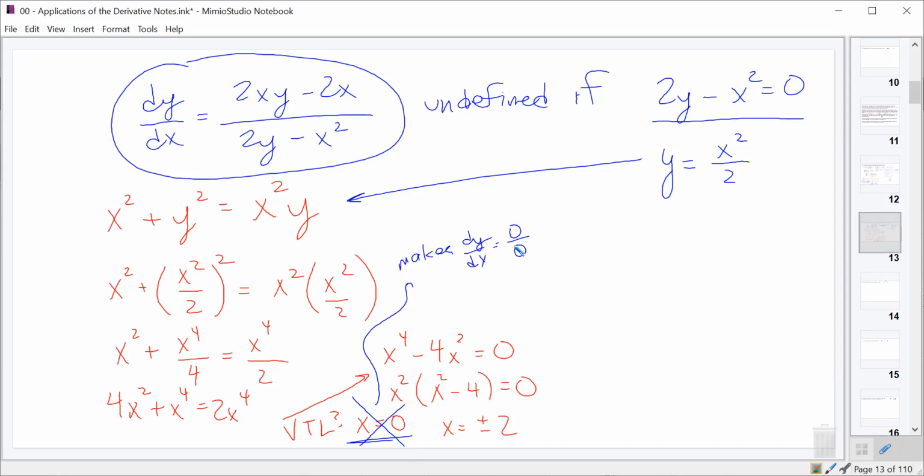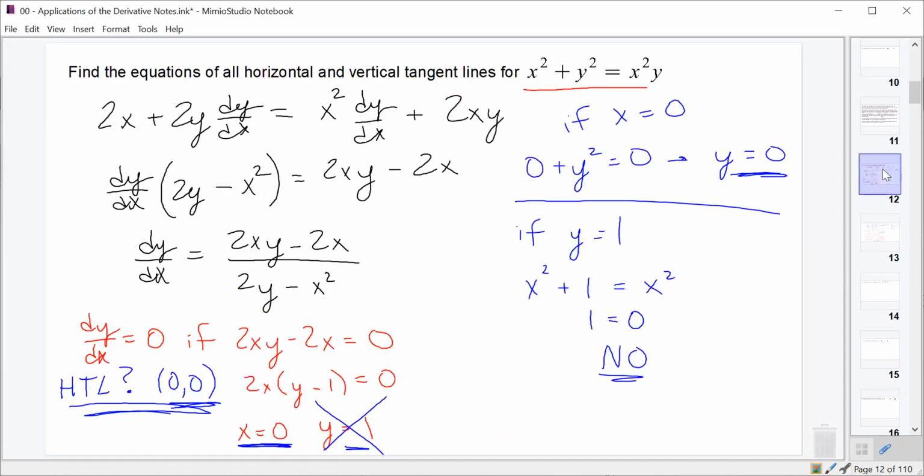Well, we do need to plug those back into our original equation to make sure that our graph actually has points at 2 and -2. It doesn't really matter what those points are. We know that they don't match up over here with our horizontal tangent line possibilities, with things that made the derivative 0, because we would have found x equals 2 when solving that.